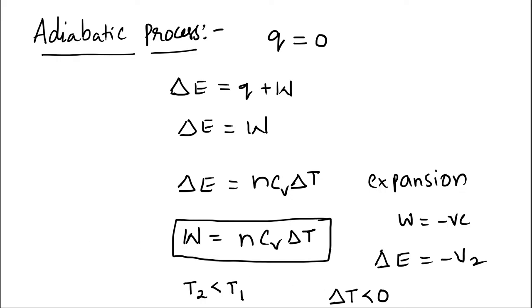Okay, next. Now let's go for adiabatic reversible expansion, and we found that Q equals 0 for adiabatic expansion, and from that delta E equals Q plus W, the same expression.